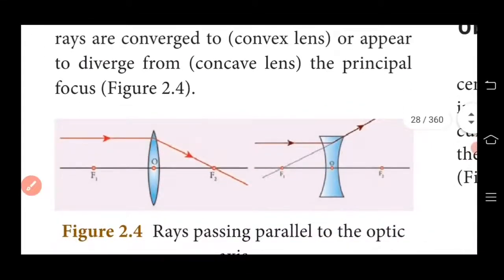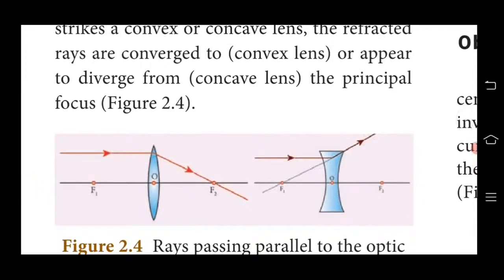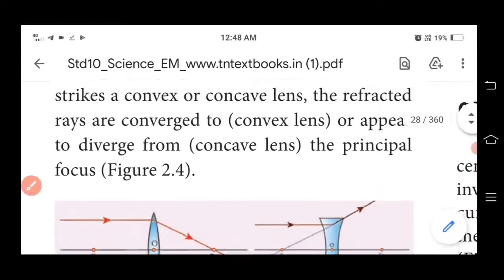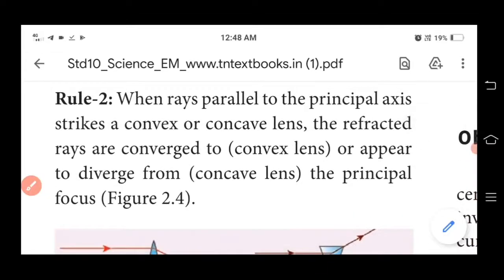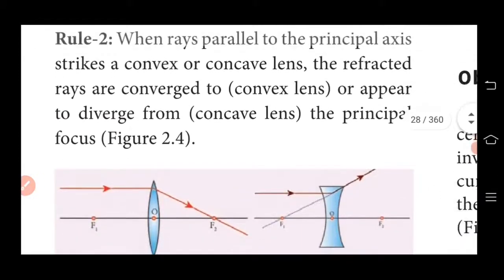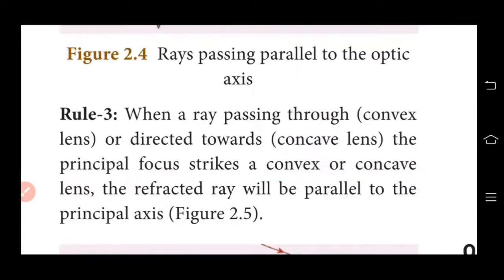See here, the ray is parallel to the principal axis, and it converges through the principal focus on the other side. When a ray parallel to the principal axis strikes a convex lens, the refracted rays are converged.